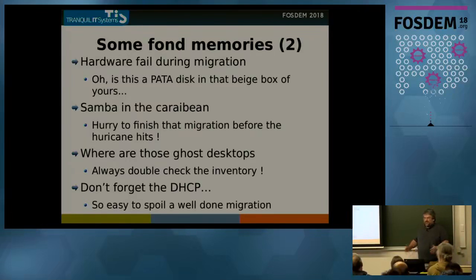Well, it was something like 10% discrepancies. But when you have thousands of desktops, there are just a few that are lost. And don't forget the DHCP. When you've got 1,000 users and during the night you forget to migrate the DHCP, it's not a good morning.